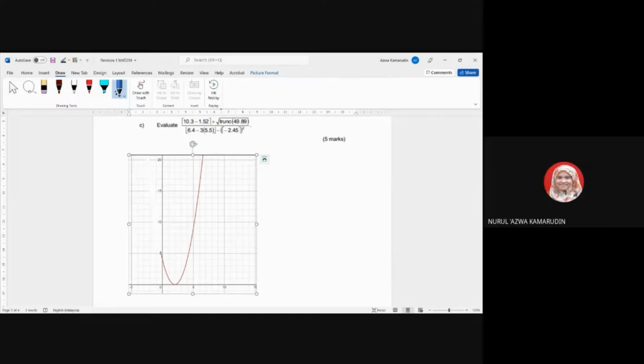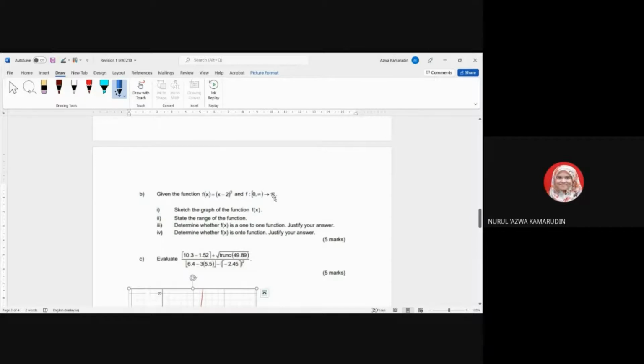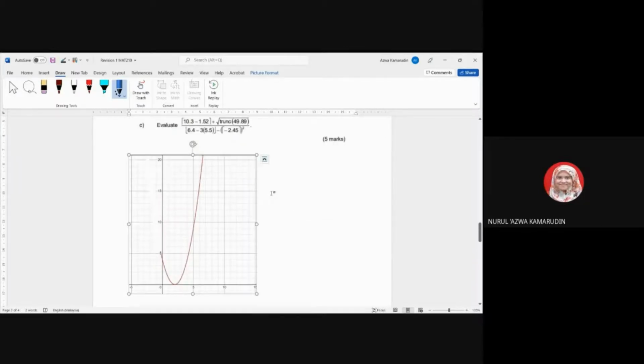Okay, atas ni dia kata domain and codomain. R is the codomain tu maknanya semua paksi Y bila dia kata R tu lah. Okay, so semua. Tapi sebab nak cari range is only on the image, apa yang dilukis saja.